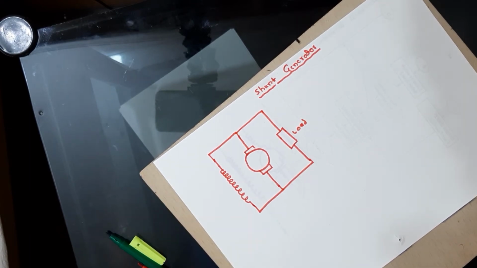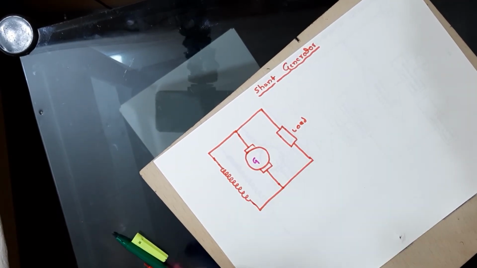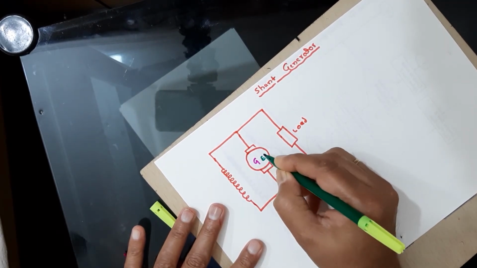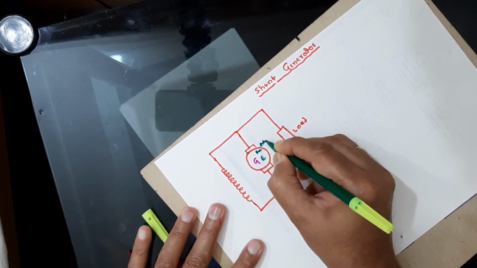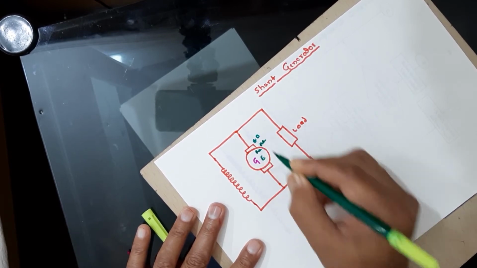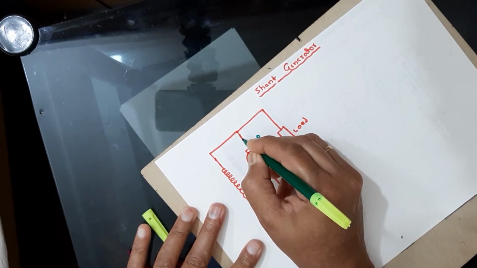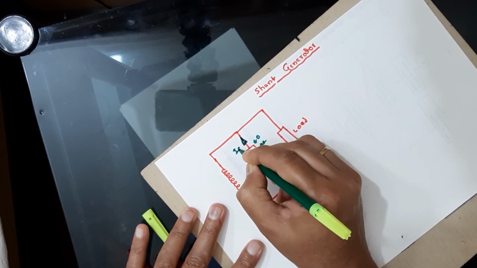Then we know that this is generator. The generated voltage is E, armature resistance is RA, then the armature reaction, there is a brush drop. Then the current which is delivered by the armature is represented by IA.